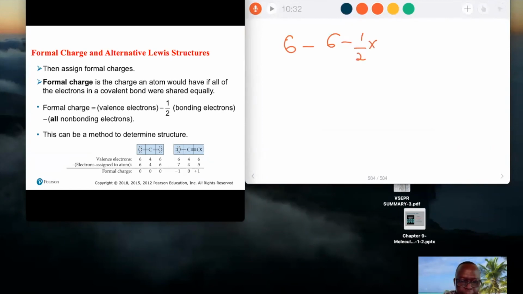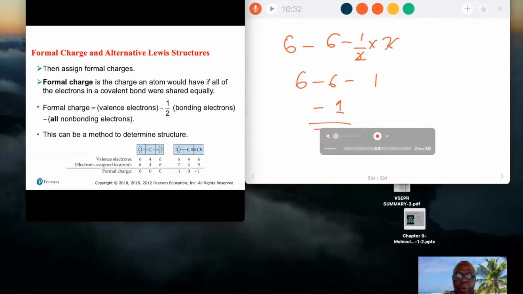The bonding here is, there's 1 line here, there's 1 line here, so a half of 2. 6 minus 1. That is where we have minus what? We have minus 1. This is where minus 1 is coming from. If you do the same thing for the second oxygen, you'll end up with positive 1, you end up with this 0.